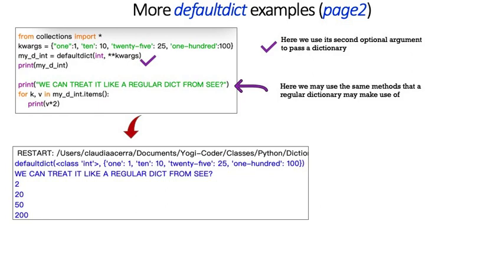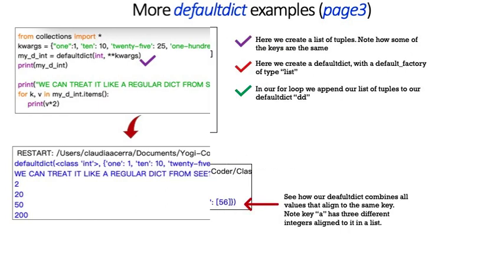Then we print my_d_int, and here we may use the same methods that a regular dictionary makes use of. We said that before, and here it is in action. So we create a for loop for k and v in my_d_int.items(), print v, so every value as we iterate through the loop, times 2. So 1 is the first value, so 1 becomes 2. The second value, 10, becomes 20, 25 becomes 50, and 100 becomes 200.